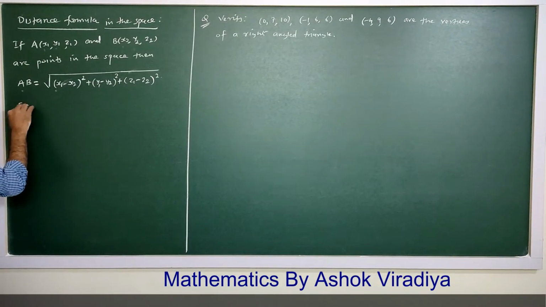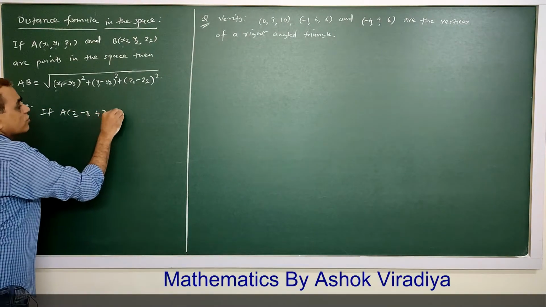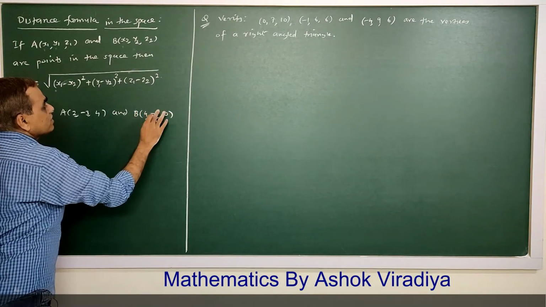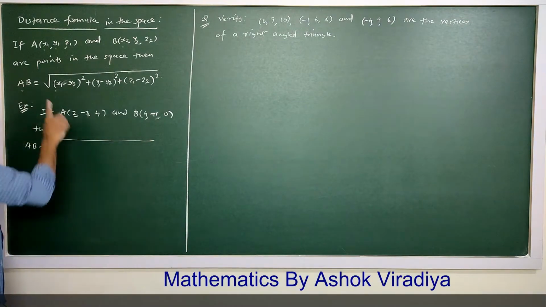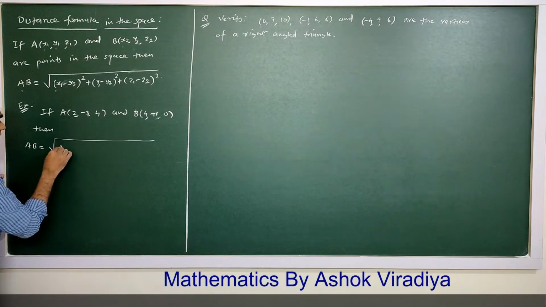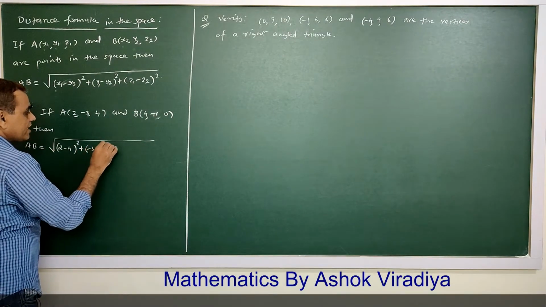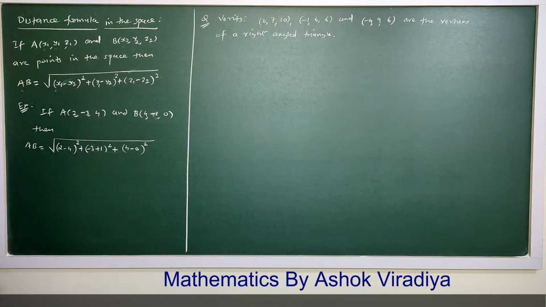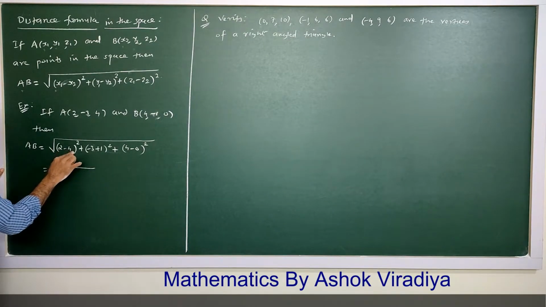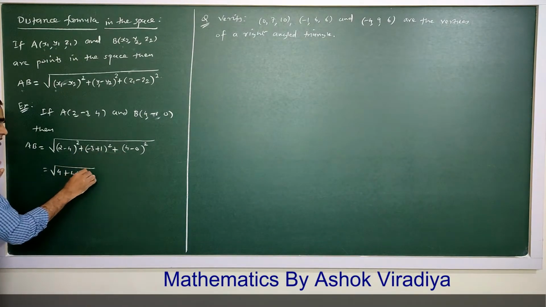As for example, if A is (2, -3, 4) and B is (4, -1, 0), then distance AB is, by this formula, the square root of (2 minus 4) square, which is (-2) square is 4, again (-2) square is 4, 4 square is 16.